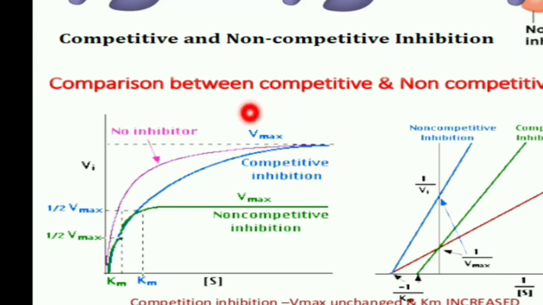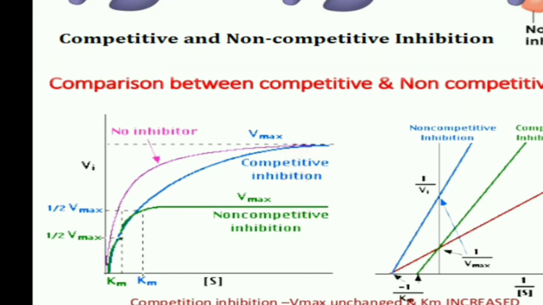That means a normal enzymatic reaction without any kind of inhibitor, right? And the value of the Km has been increased, right? If we see the green line here, then we can clearly see that the value of Km has been the same, but the value of half Vmax has been decreased from here to here.